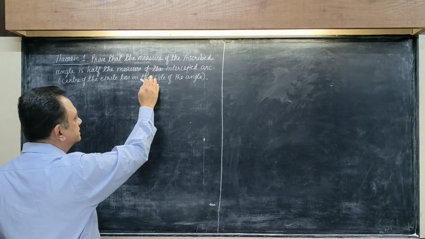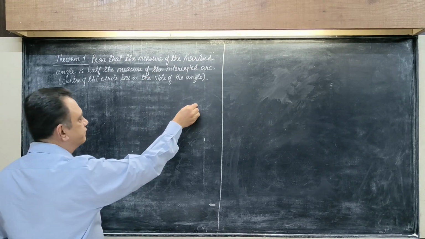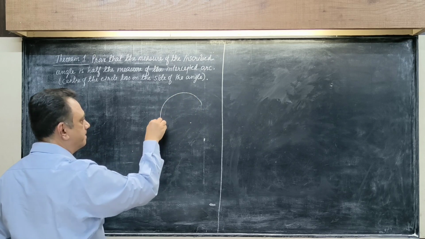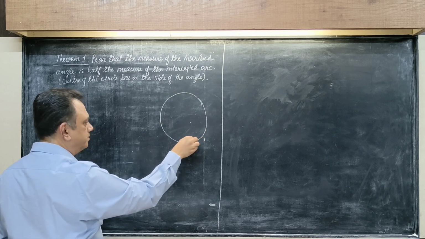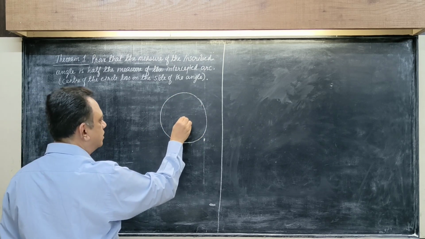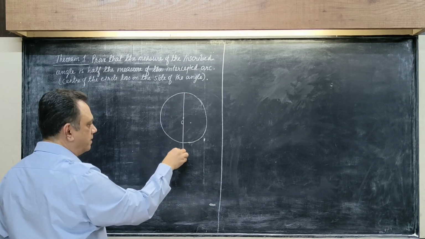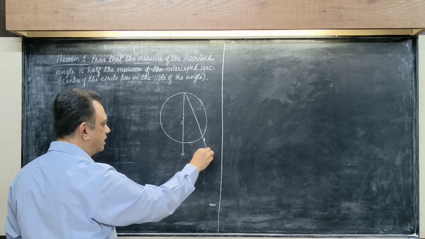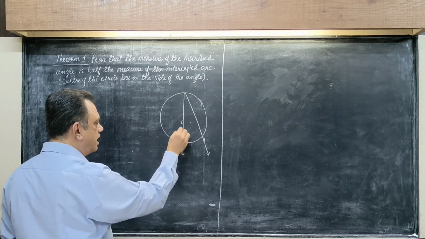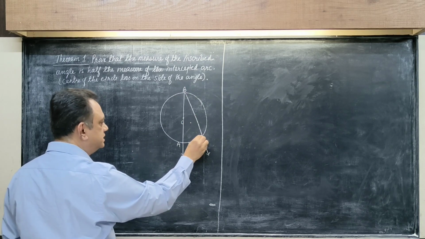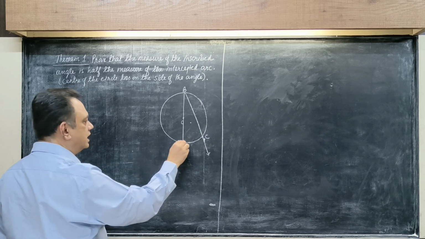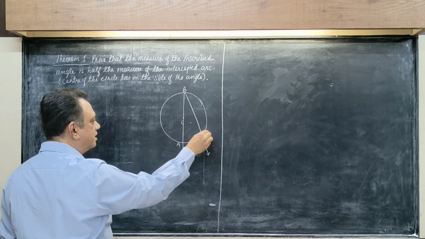When a theorem is asked to prove, first draw the diagram. So I am drawing the diagram. Circle with center O. This is angle ABC inscribed in arc ABC.